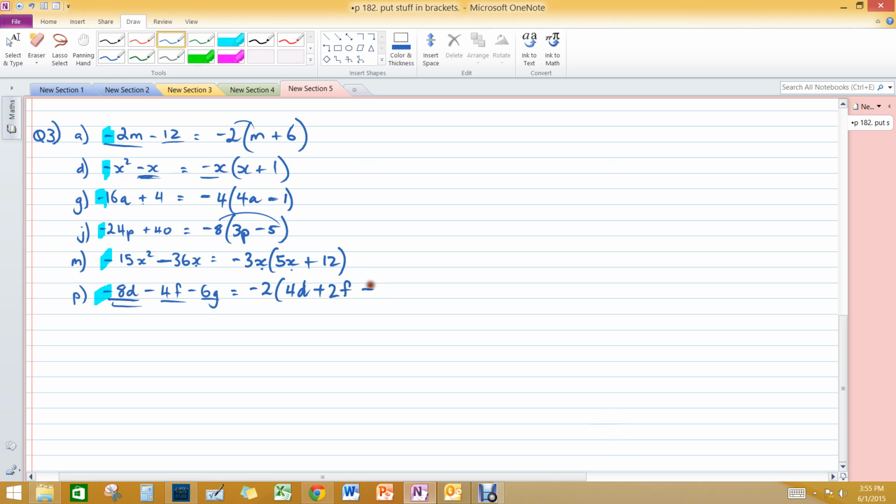And then negative 2 times 3g will give us the negative 6g. So again, just looking at our negatives, a negative and a positive gives us a negative over here. Then we've got a negative and a positive for our second term, gives us a negative, and a negative and a positive for our third term. So that's going to be all.